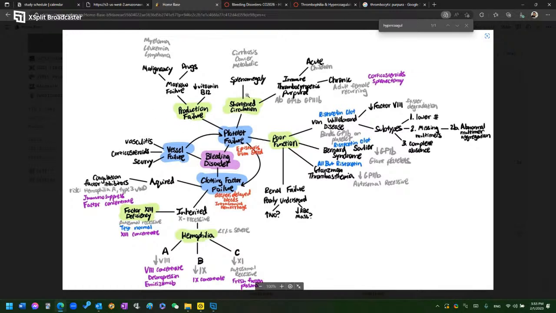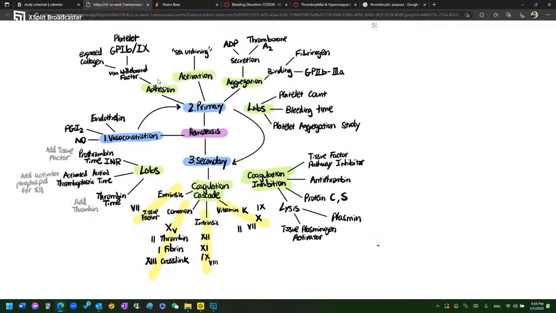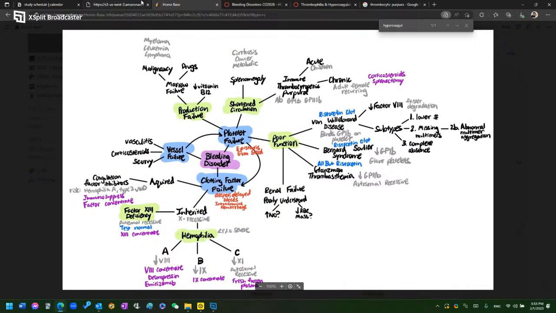And that could be a problem with a few different things. So all of these here, depending on whether you have enough platelets, whether the platelets can get to where they need to be, right? Or whether the platelets are going to do what they need to do.